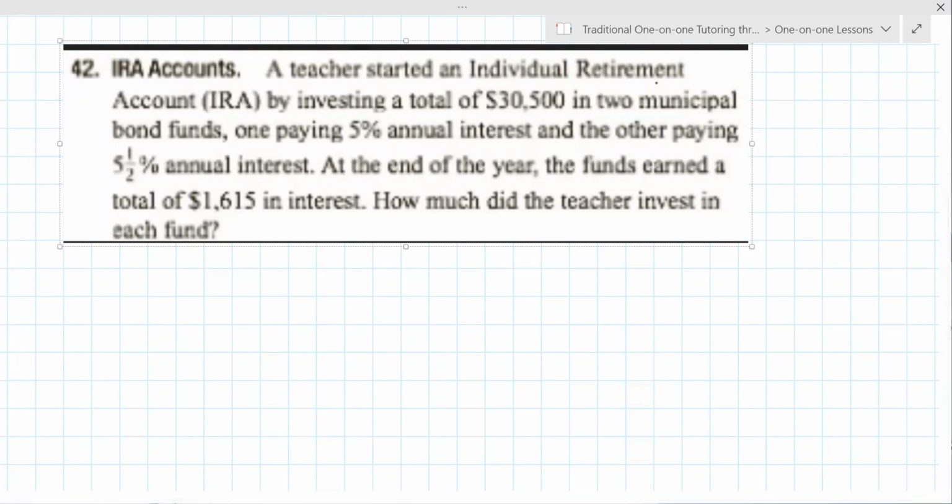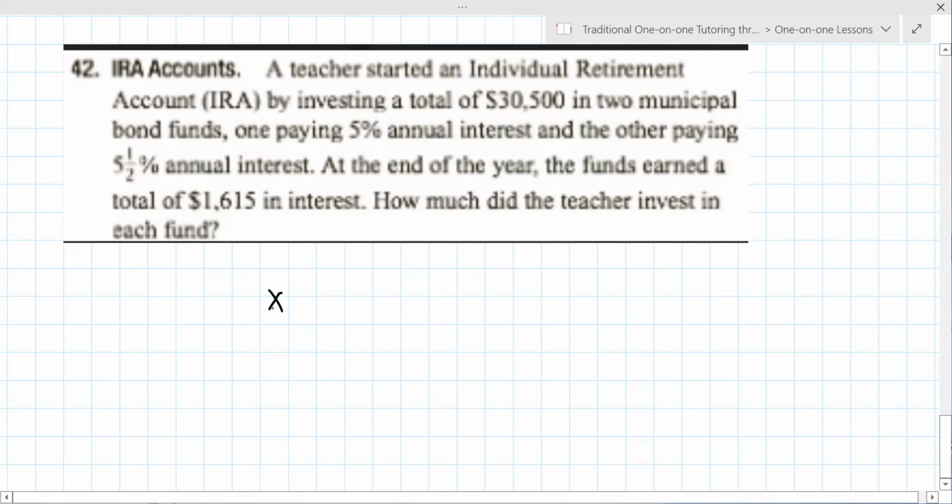So would it be x plus y equals 30,500? And then the second one would be 0.05x plus point... How would you do the second one? Right, so this right here is actually 5.5%.